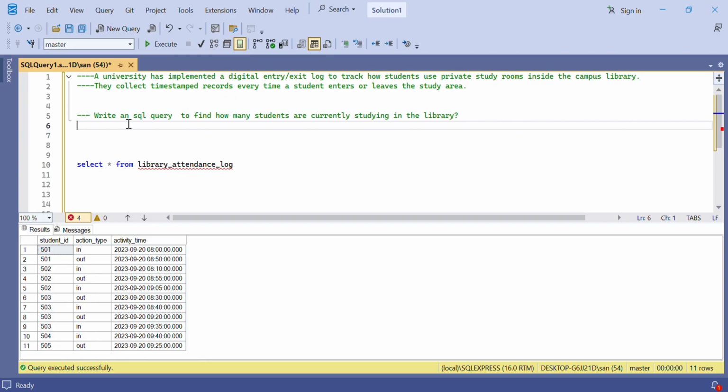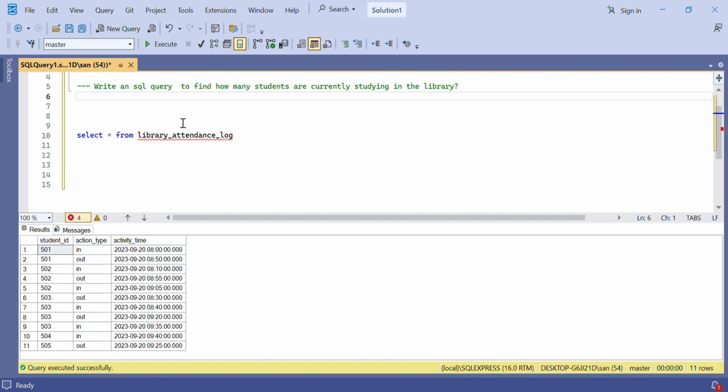The question is asking to write an SQL query to find how many students are currently studying in the library. So the log records when a student enters the library, and when a student leaves the library. He wants you to write a query that will find how many students are currently in the library.